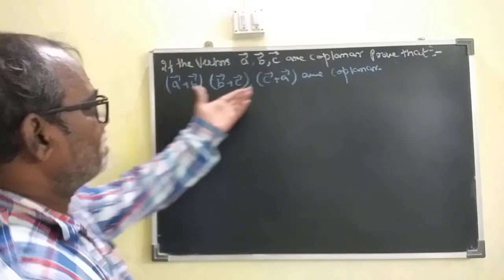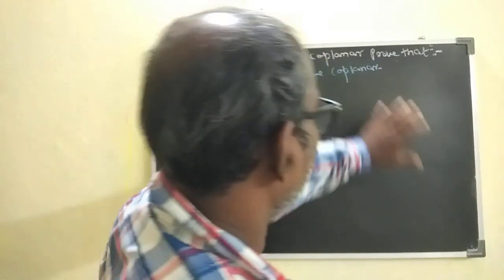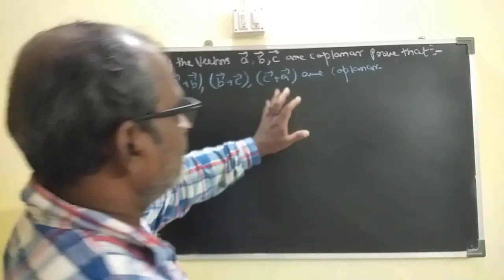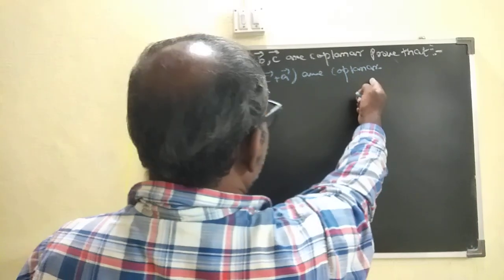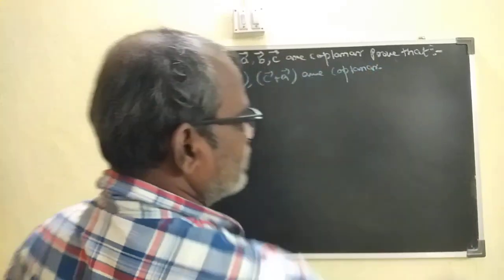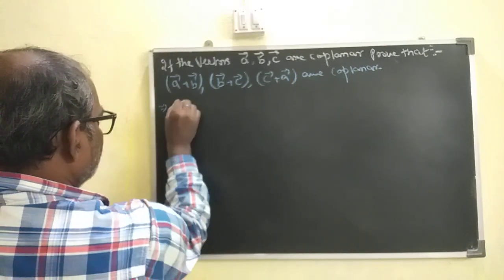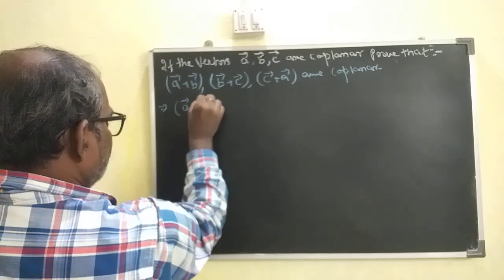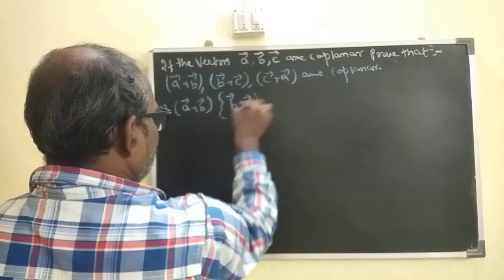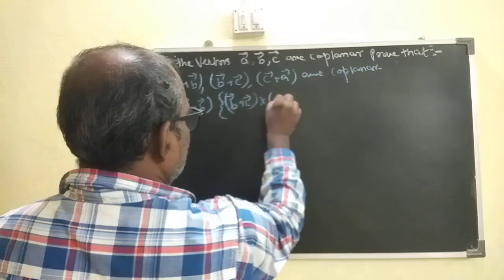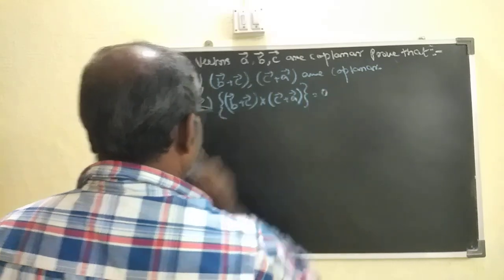To prove this part, if the vectors A, B, C are coplanar, prove that these are also coplanar. So to prove this part, let us prove it conversely, and let us suppose that these vectors are coplanar, then we'll prove that A, B, C are also coplanar. So let us assume that these are coplanar. So we can write down here vector A plus vector B plus vector C cross C vector plus A vector equals 0.